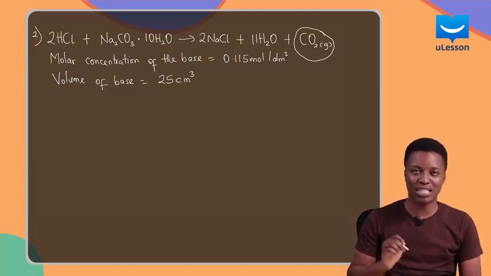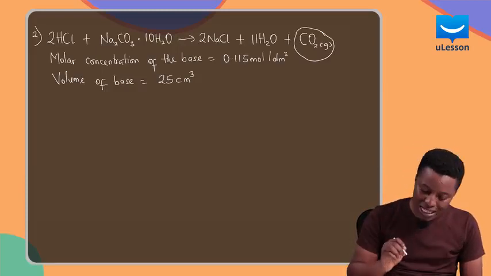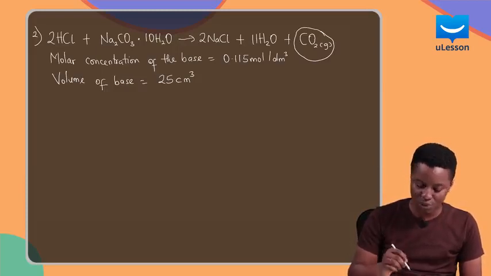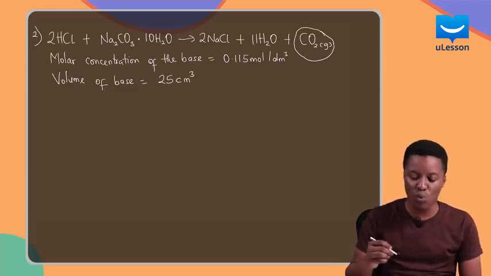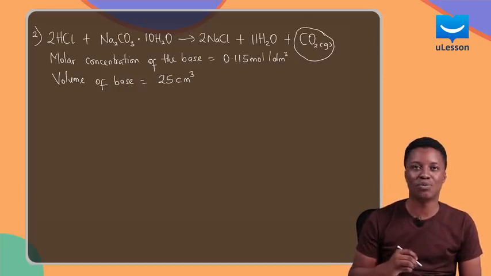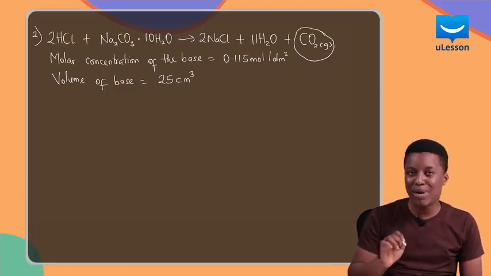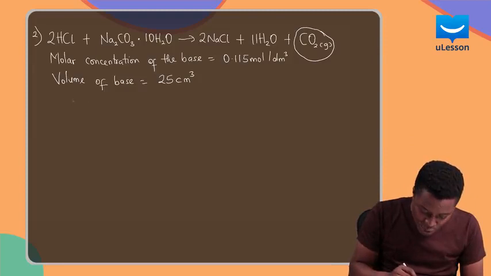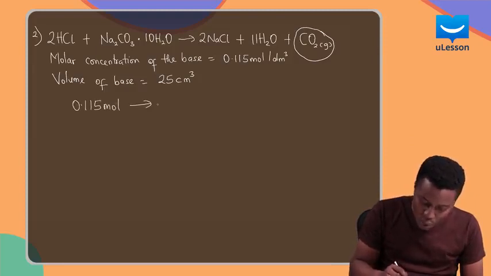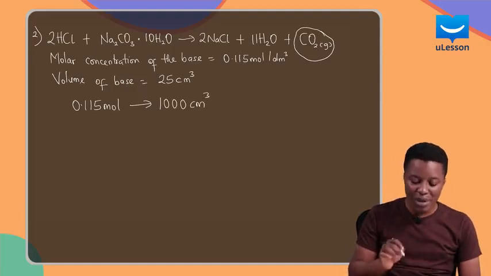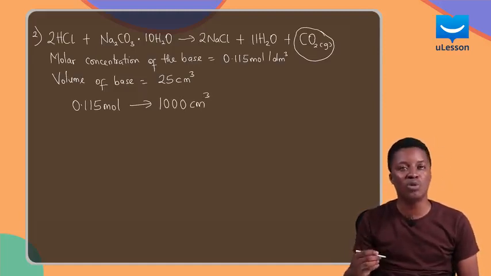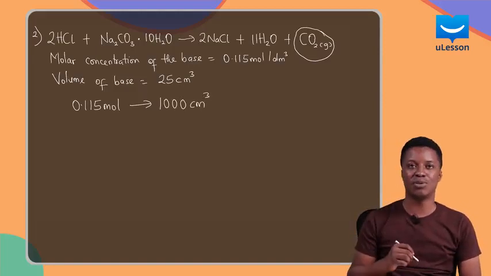Now, to do that, watch and follow. We first have to note that in the reaction, we had a molar concentration of the base to be 0.115 mole per dm cube. What that tells us is that the base contains 0.115 moles in 1 dm cube, which is the same as 1000 cm cube of solution.